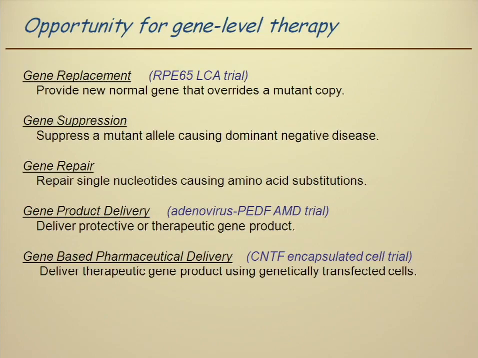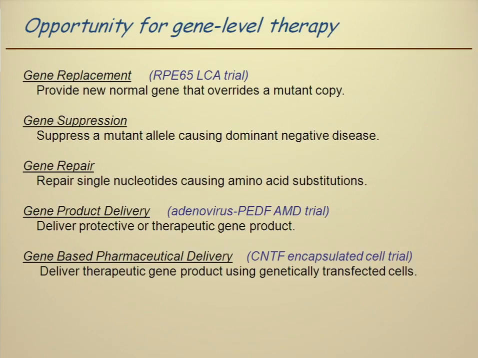In a moment I'll tell you about RPE65, a molecule that causes LCA, Leber congenital amaurosis, but let me defer that for a moment. In this case, however, there is a defective gene, actually both copies, both alleles of the gene are defective, and by providing an external normal copy, one can restore the cellular function that depends on RPE65.